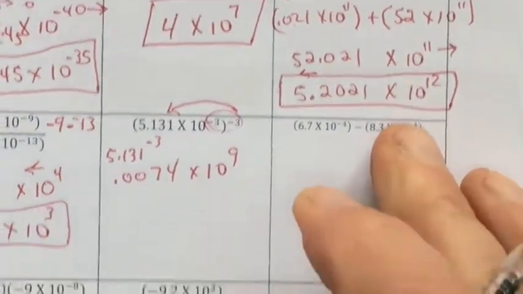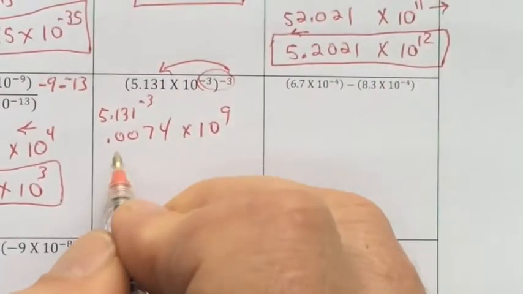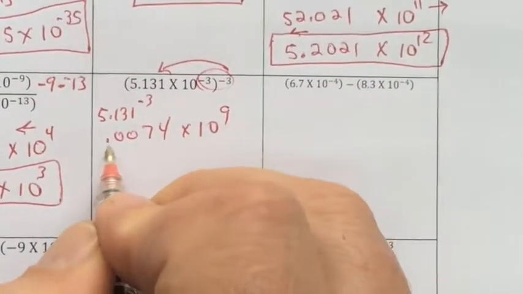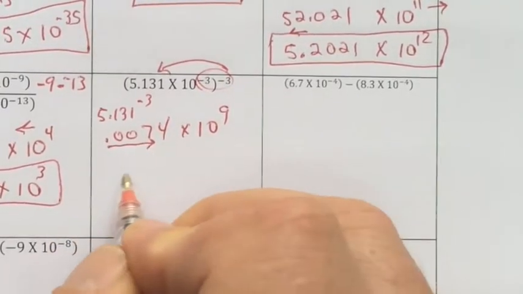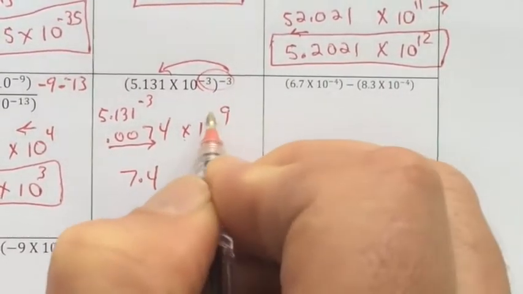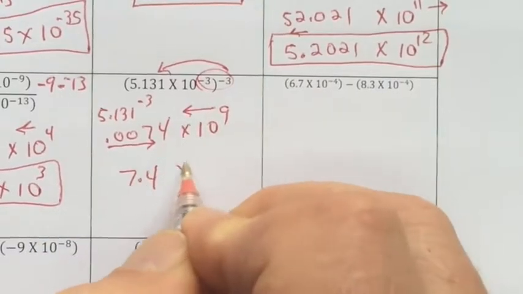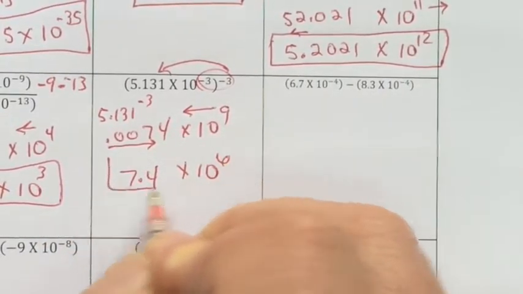And the last step is to fix it. So that's the in-between step. Now fix it. 1, 2, 3 that way. So we have 7.4. And then 1, 2, 3 that way makes 6.